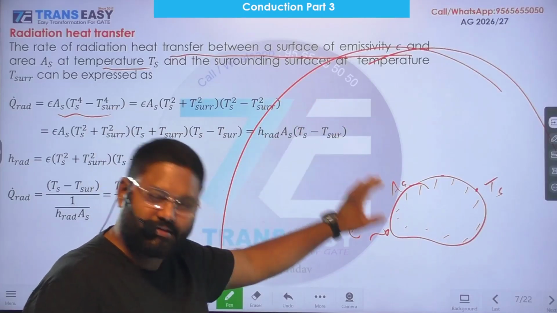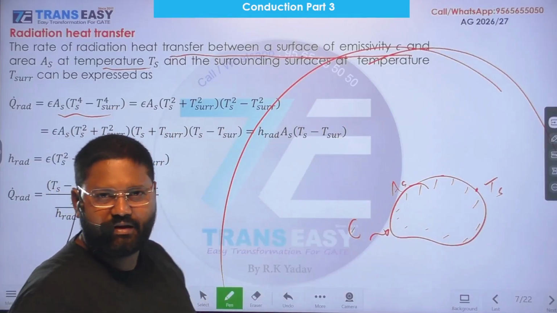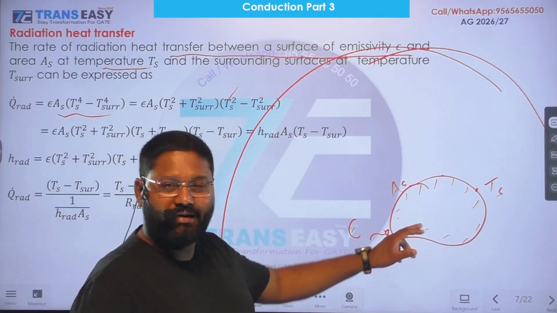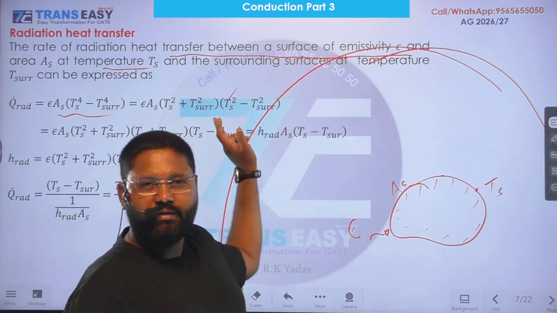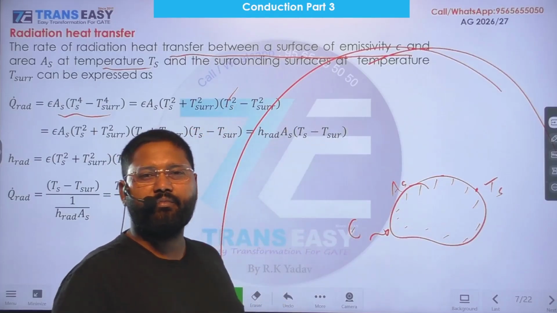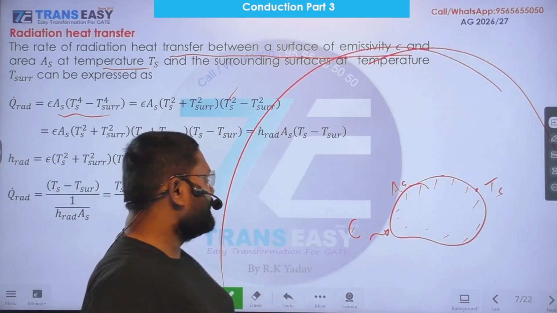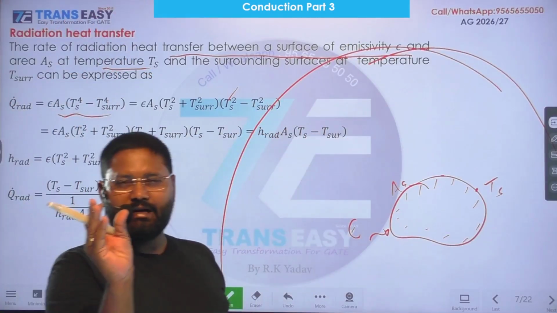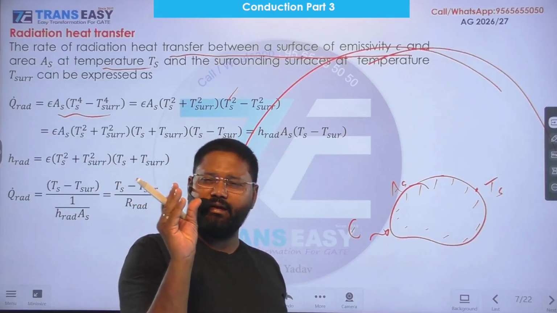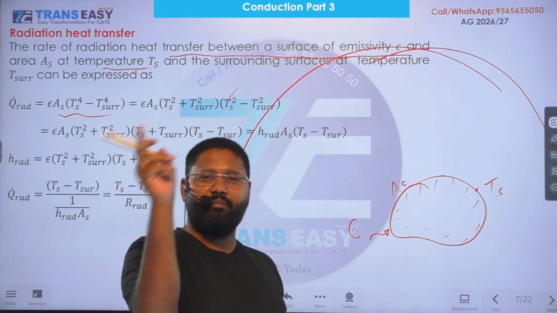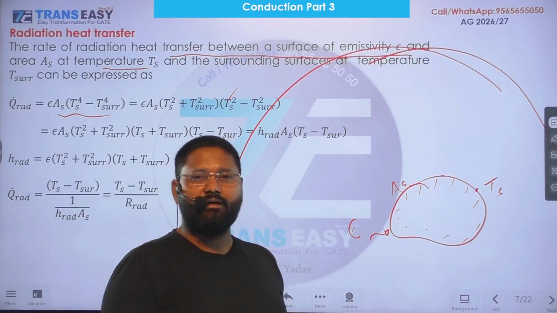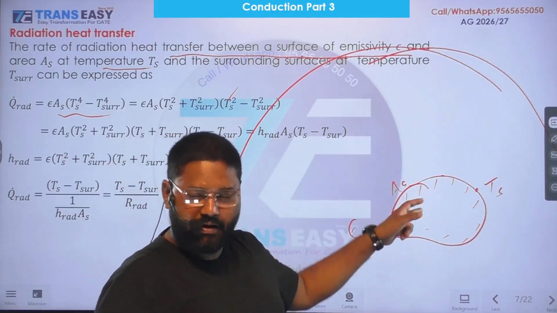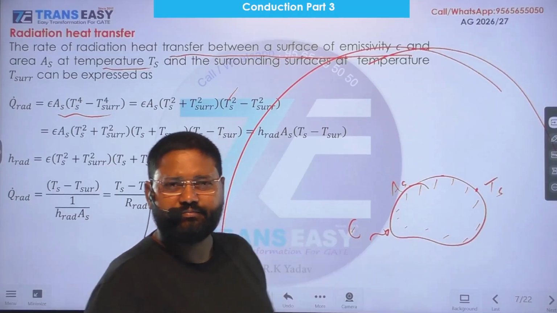For this type of problem especially, this is very large as compared to this. Later we will establish this relationship in the topic of radiation. Why we are taking a large enclosure: the surrounding is enclosing a very small surface of area As as compared to the surface area of the surrounding, participating in radiative heat exchange.